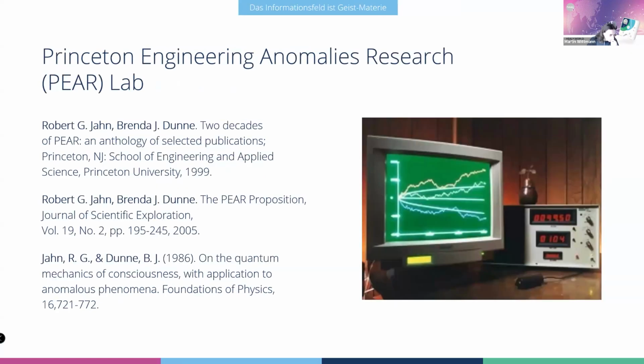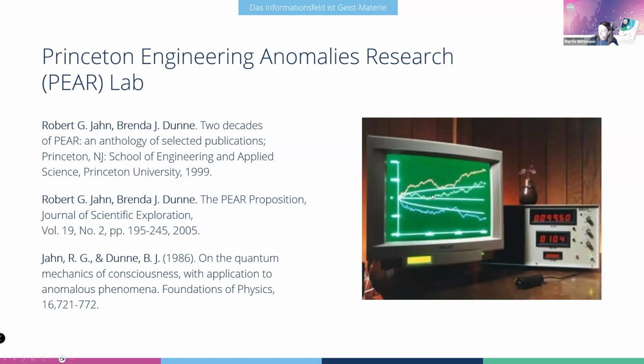So what is the theory behind this? We have the Princeton Engineering Anomalies Research Lab, the PEAR lab. They used quantum entanglement in the form of noise generators. They said, okay, we have noise generators, and now we try to influence them using our mind.